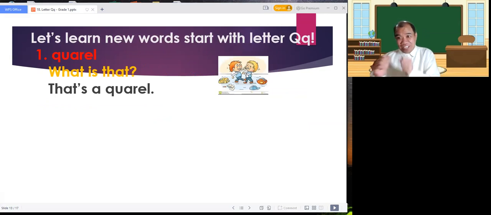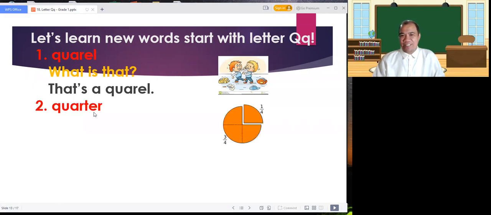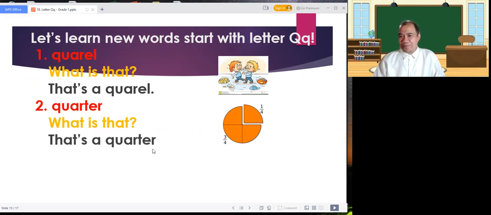Okay, they are quarreling, you know, quarreling. Quarter. Okay, this is a quarter. Okay, 1, 2, 3, 4. The fourth part, quarter. What is that? That's a quarter.